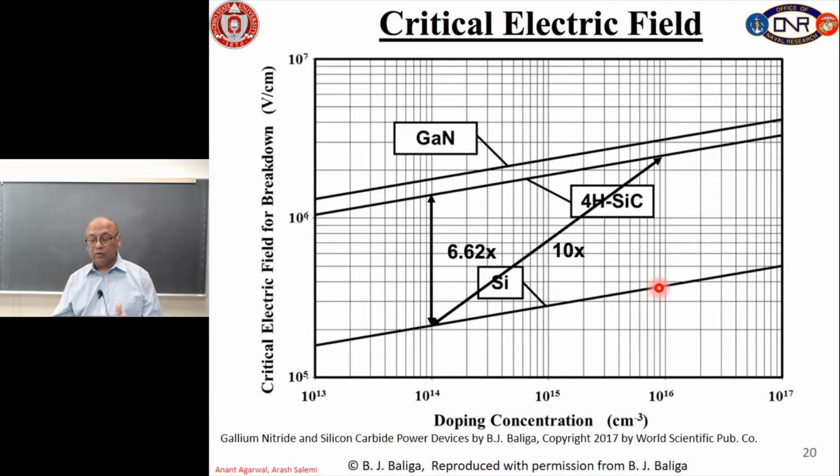As we increase the doping concentration, the breakdown field increases, and for something like 10 to the 16 doping, which is very normal for 1200 volt type devices in silicon carbide, you can see the breakdown field is almost 2.2 megavolt per centimeter, where silicon is about 0.4 megavolt per centimeter. So, almost a factor of 5 higher for silicon carbide, and of course, gallium nitride is also slightly higher than silicon carbide.